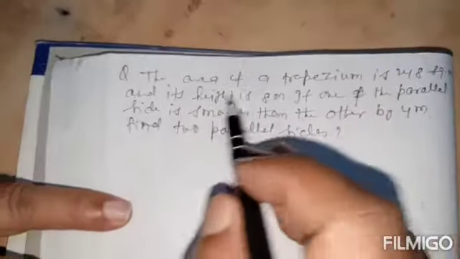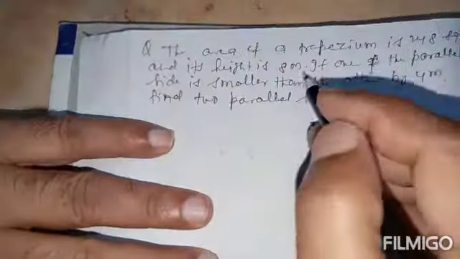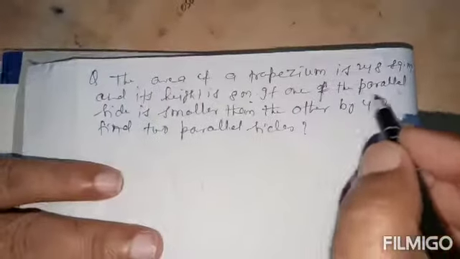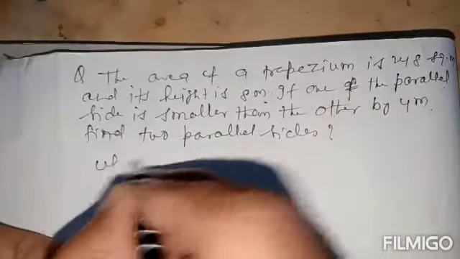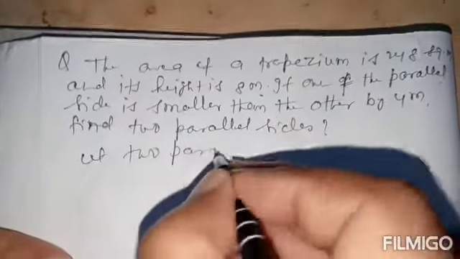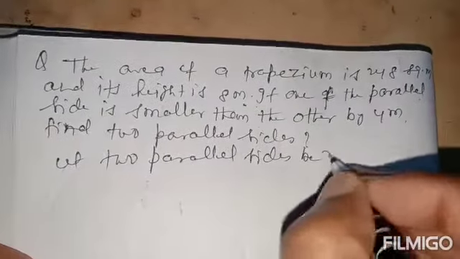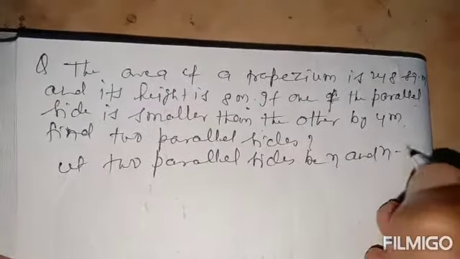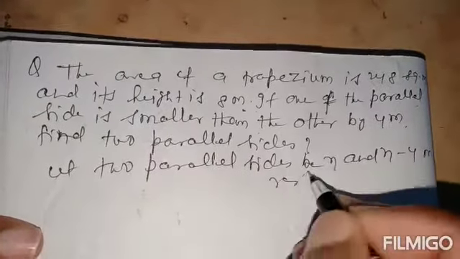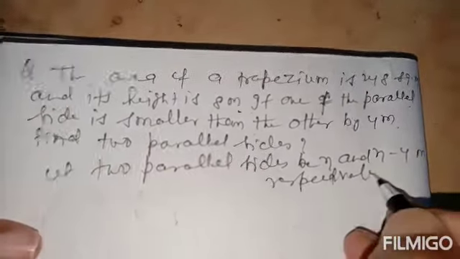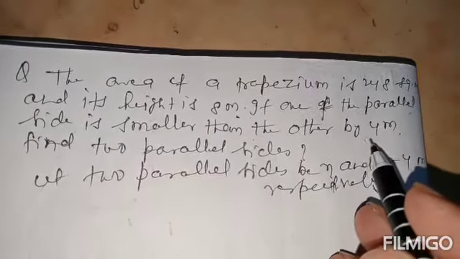The next question: the area of a trapezium is 248 square meter and its height is 8 meter. One of the parallel sides is smaller than the other by 4 meter. So let the two parallel sides be x and x minus 4 meter respectively, because here it is given that one parallel side is less than the other by 4.